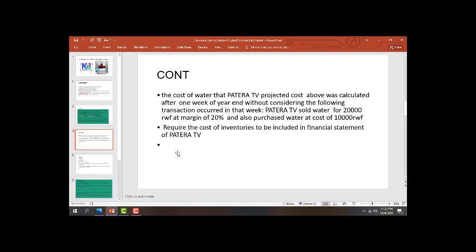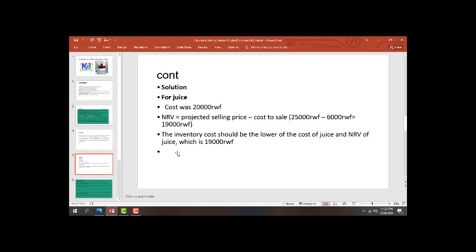Pay attention. If you are going to correct this example, you need to know what is the cost of inventory to be recognized. As IAS 2 stated, we need to take the cost of inventory.